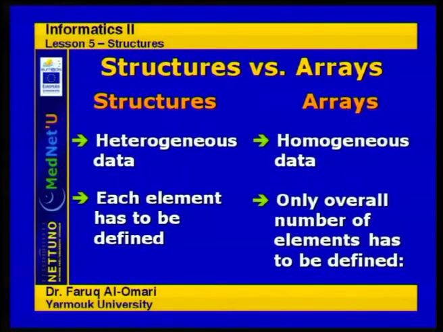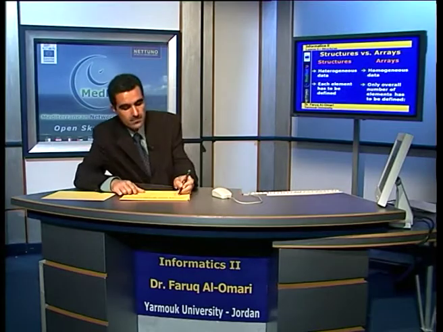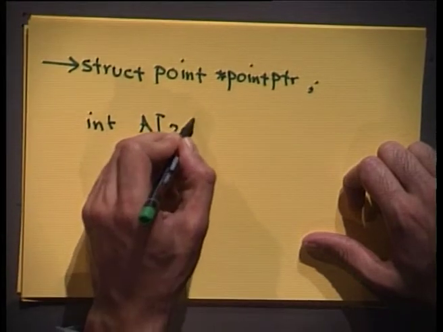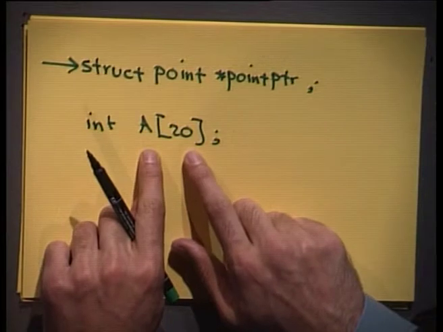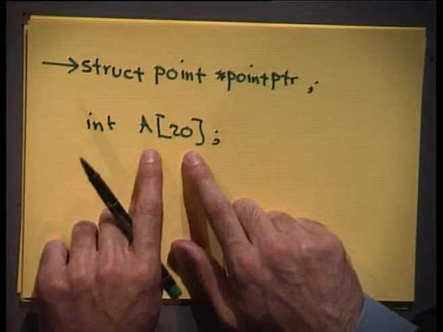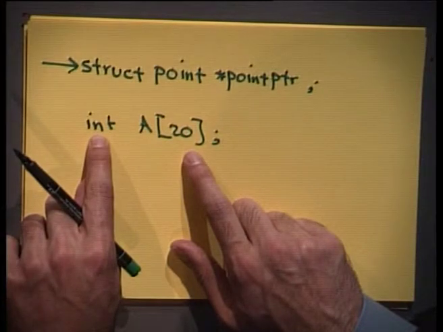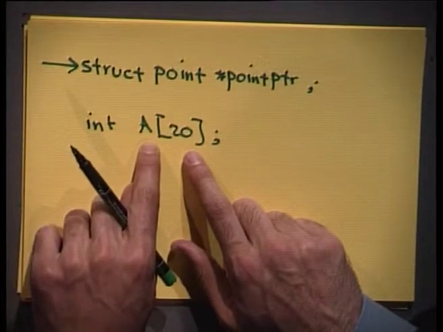So integer a of 20, let's say something like this, a of 20, this actually is a declaration statement that reserves in memory 20 integer contiguous locations pointed by a.